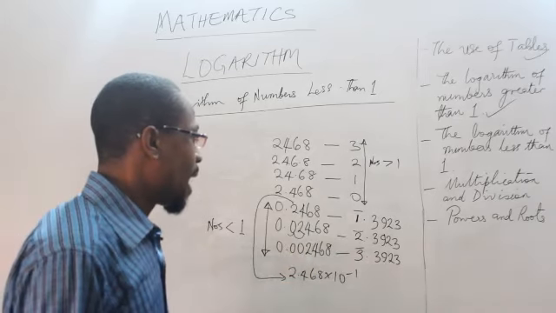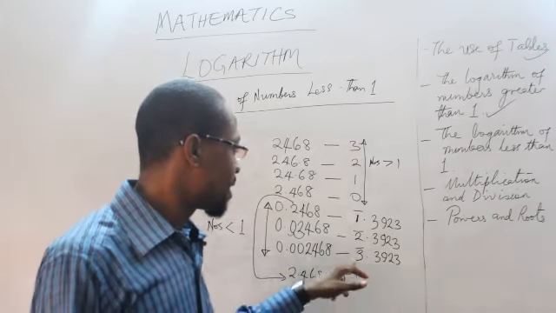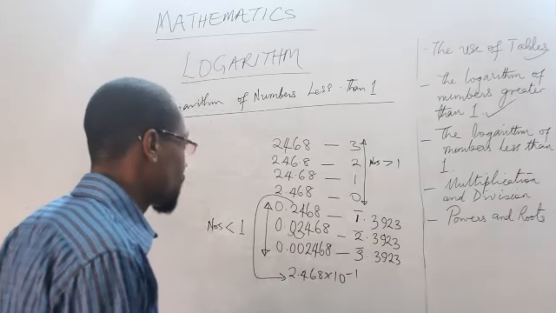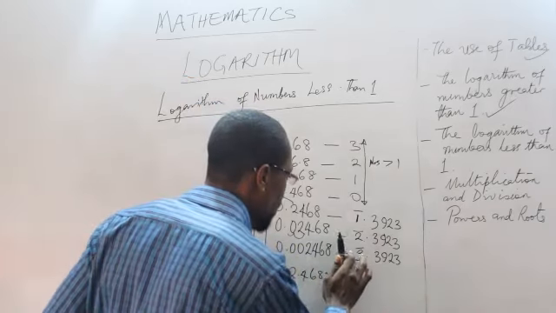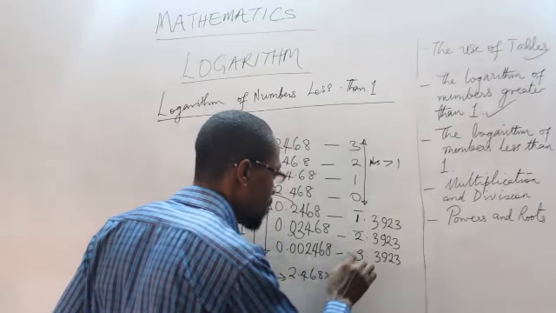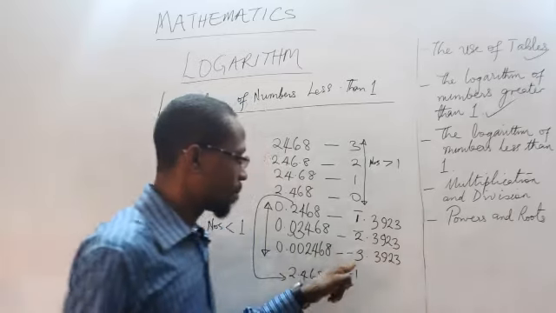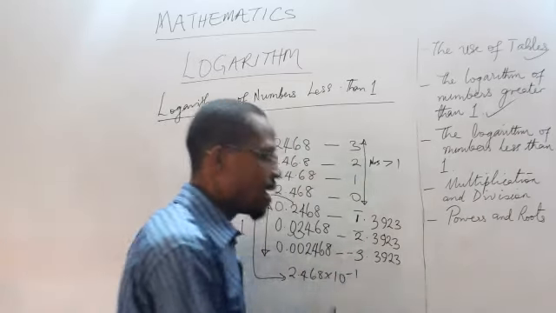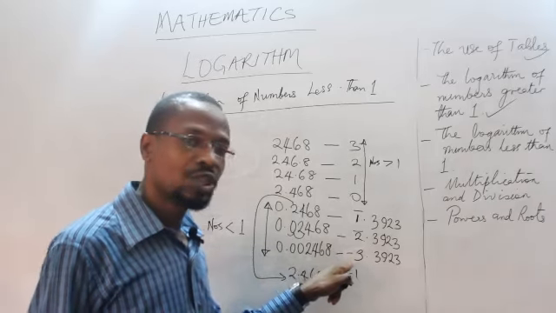Now, I mentioned something that you do not say, for instance, in this place, you cannot say minus 3. Rather, you say bar 3. Why won't you say minus 3?